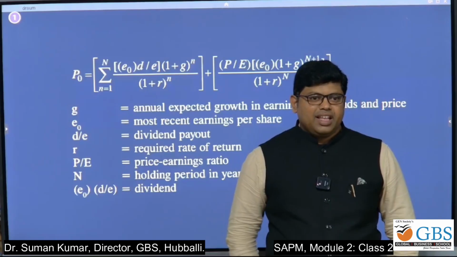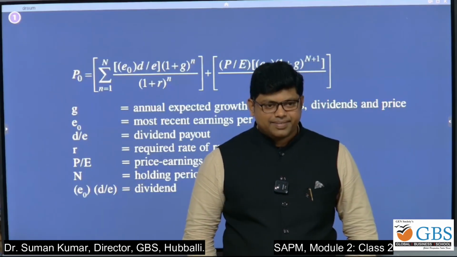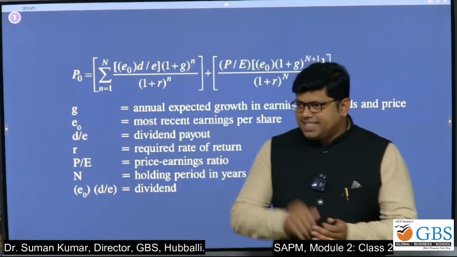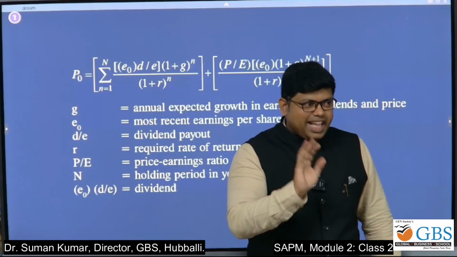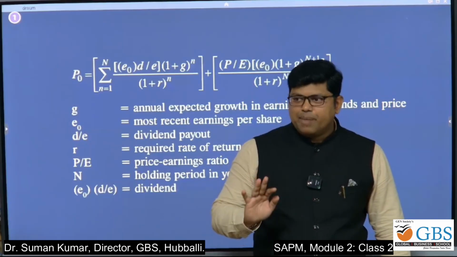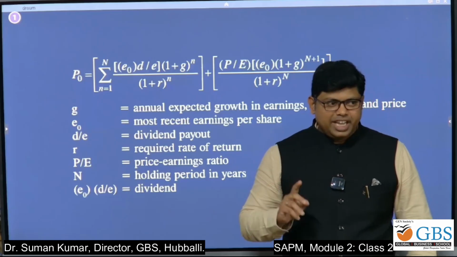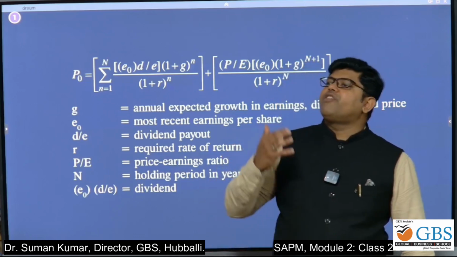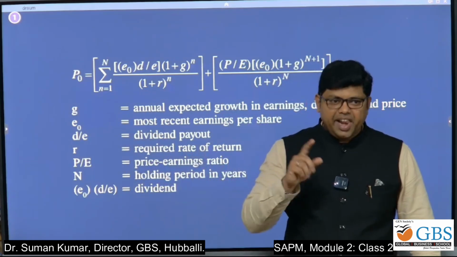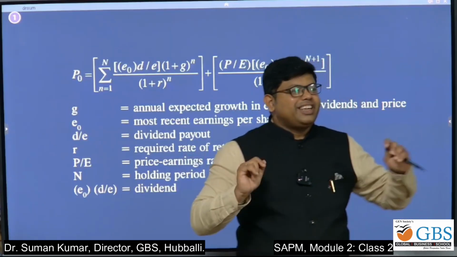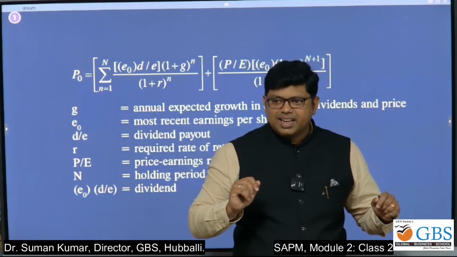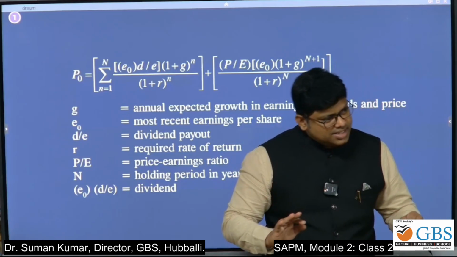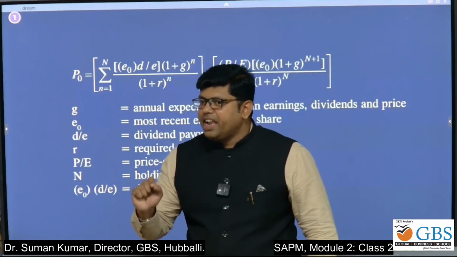EPS means earning per share, how much earning was made on one share. For example, 100 rupees means one share should give them 100 rupees. That is a profit which has to be given to each shareholder. Earning per share. See, what is dividend? Dividend is a profit which will be shared among all the shareholders. What is EPS? Earning per share.